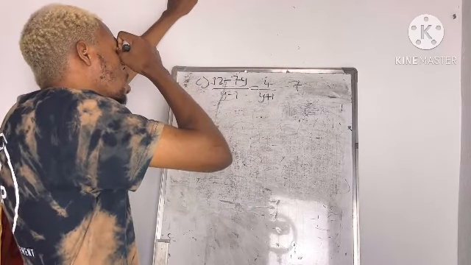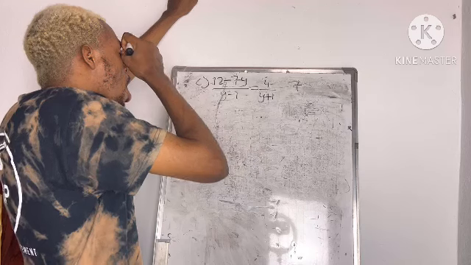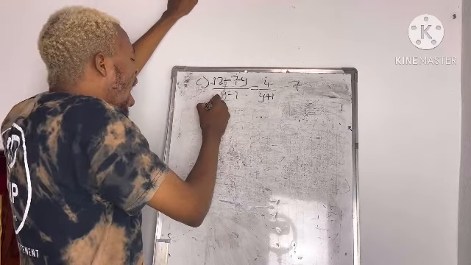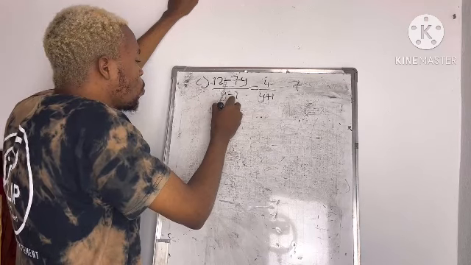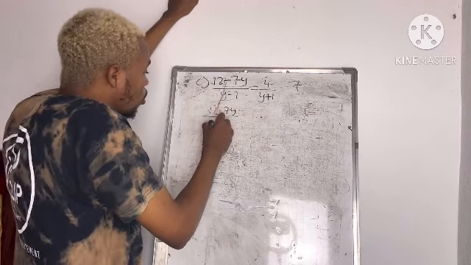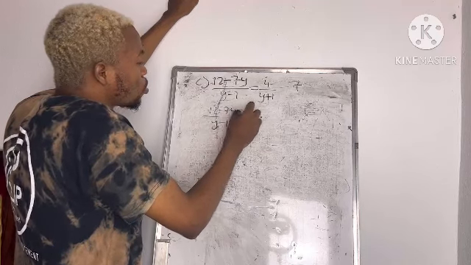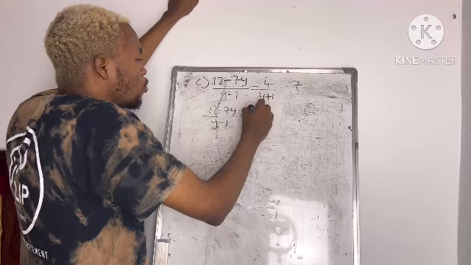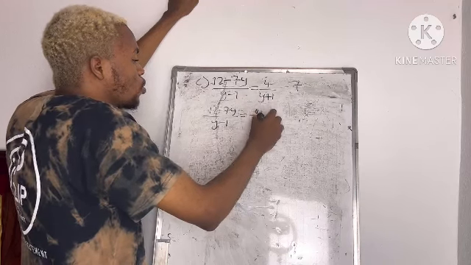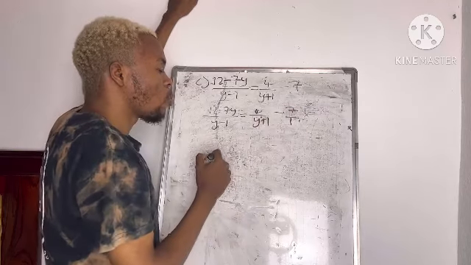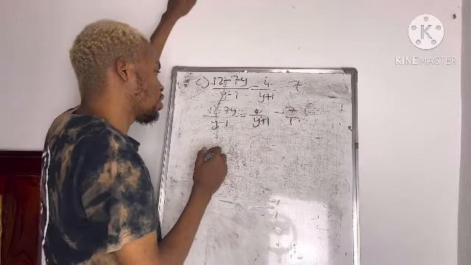Okay, so you have 12 − 7y all on y − 1 equal to 4 on y + 1 minus 7 all over 1, because we could still represent that as that.